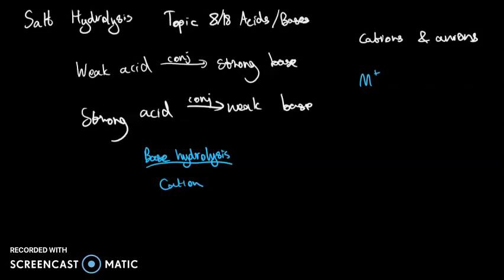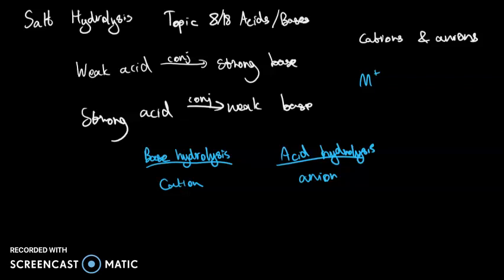And when an acid forms a conjugate and hydrolyzes, the hydrolysis will be with an anion. So an acid forms an anion, and a base forms a cation, right? And those formed cations and anions will be the ones that actually undergo this hydrolysis.